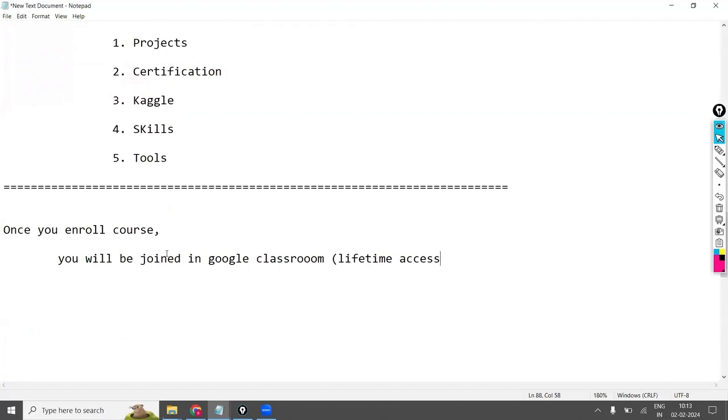Everything you are going to get for lifetime access. And I'm going to share all the materials, data sets, questions, tests, whatever is there. Everything will be uploaded. Assignments, everything will be in the Google Classroom only.